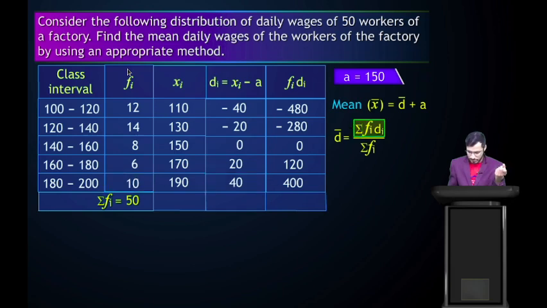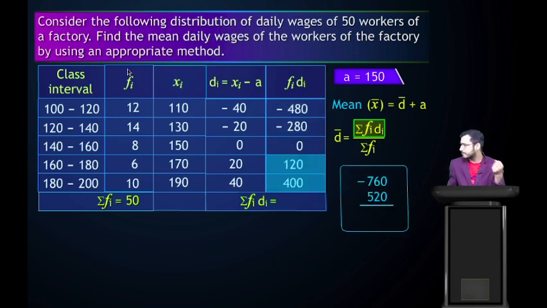Now add all the fd column. Sigma fd: the negative numbers total minus 760, and positive 400 plus 120, so we get 520. Then subtracting, we get minus 240 here.